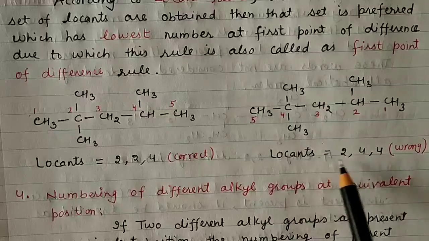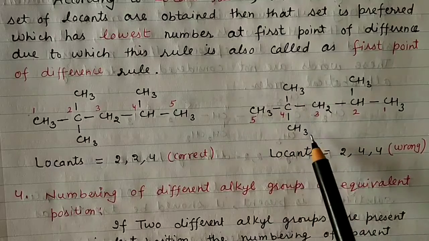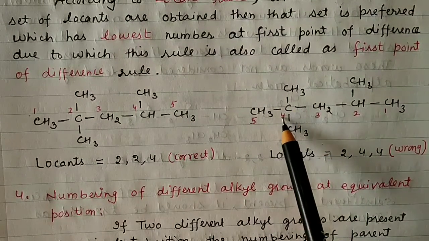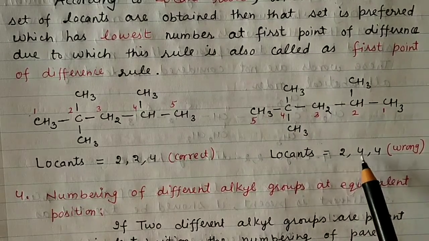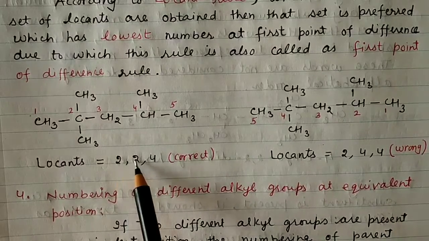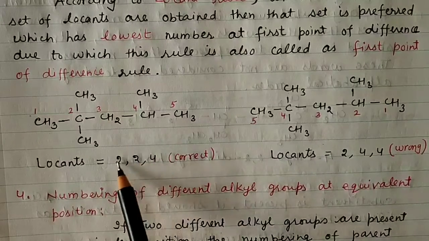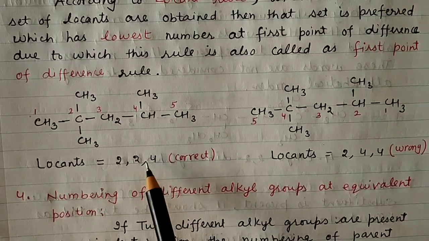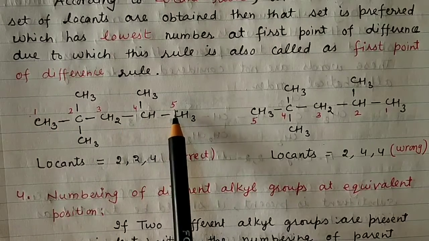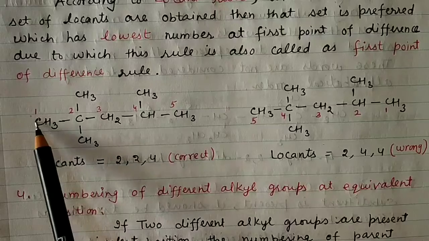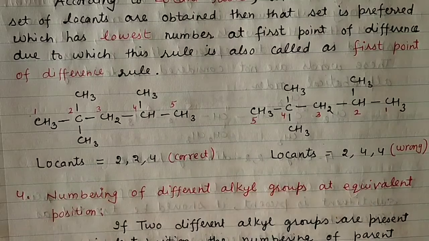And here locants are at 2, then 4, 4, methyl groups are there at carbon number 4. So if we sum these, 4 plus 4 is 8, then 2 is 10, and here the sum is 2 plus 2 is 4, plus 4 is 8. Here it comes out 8, here it comes out 10. So we have to consider the lowest sum rule. So the compound is numbered from here, because from here you will get the lowest sum of the locants.